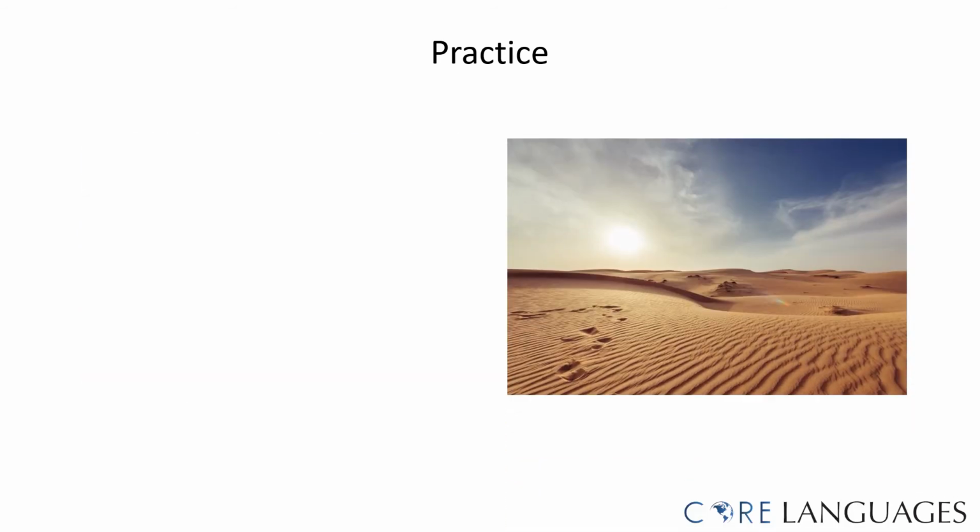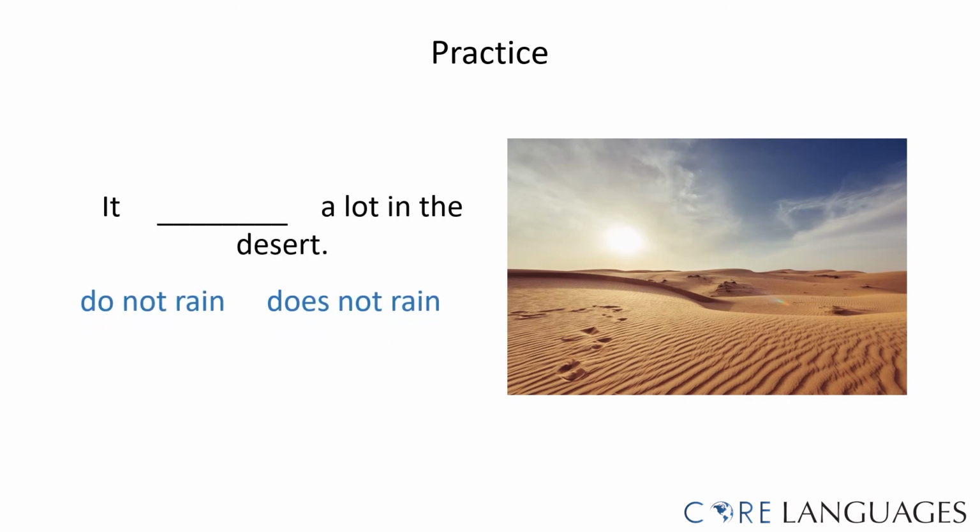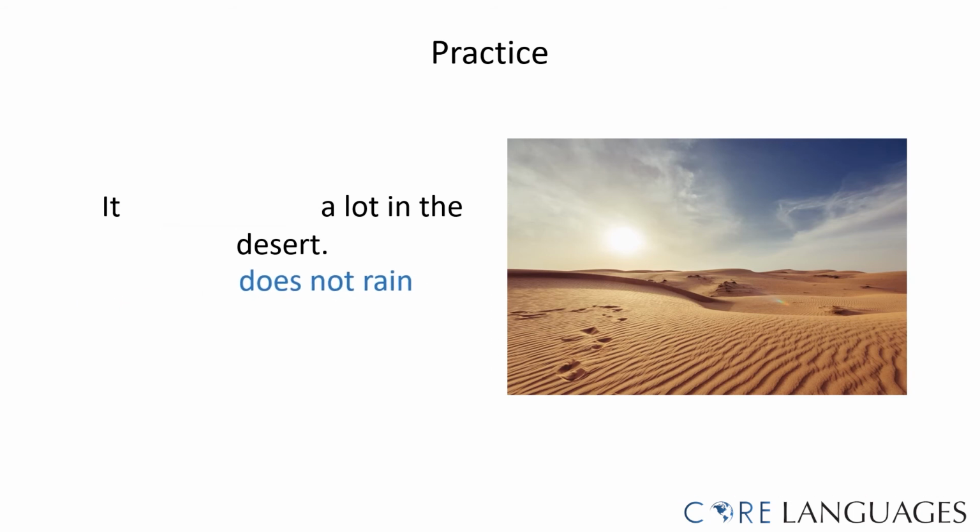And how about this sentence? It do not rain a lot in the desert, or it does not rain a lot in the desert. Very good. It does not rain a lot in the desert. I could also say, it doesn't rain a lot in the desert.